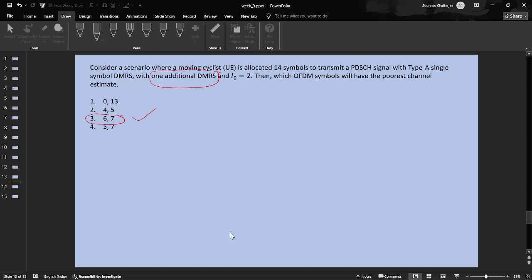DMRS, as per my understanding, is transmitted to facilitate the user to estimate the channel, not the other way around.